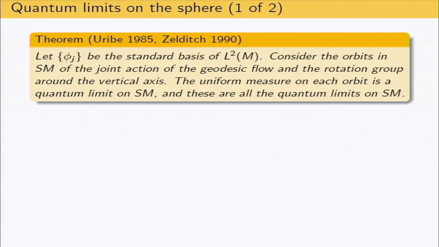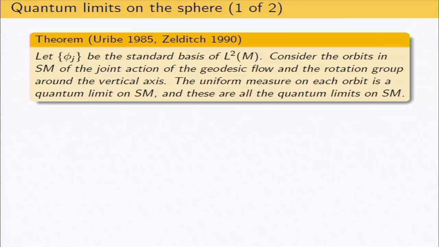The uniform measure on this orbit is a quantum limit, as I described, by always choosing at the right position from the different degree L standard harmonic spherical sequence. And it turns out that these are all the quantum limits on SM. So this reflects the fact that the geodesic flow on the sphere is completely integrable.